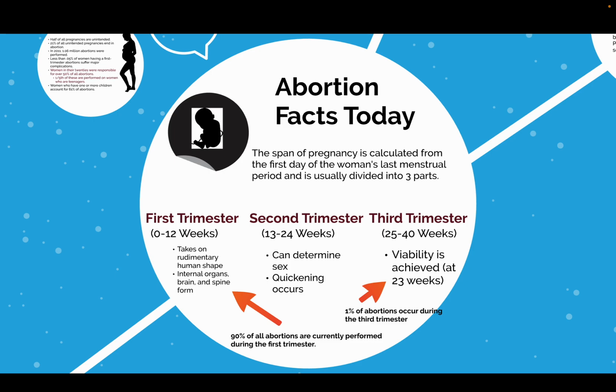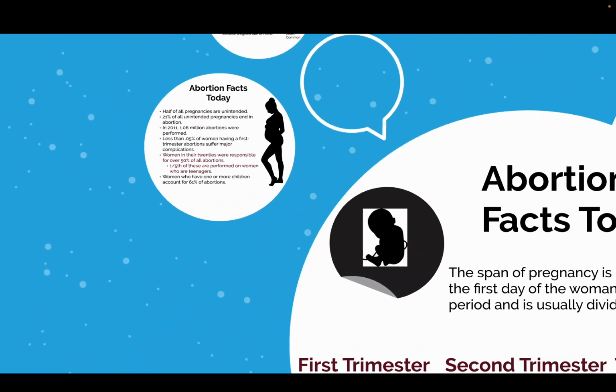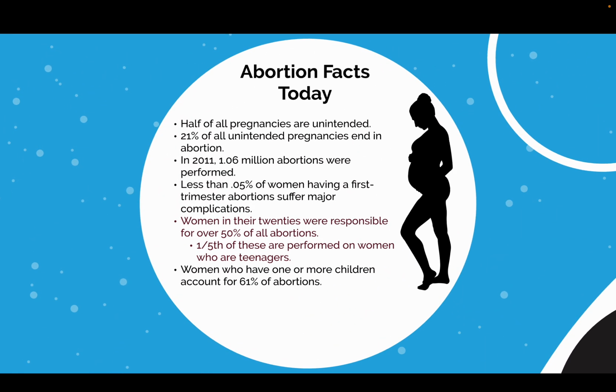So we have first trimester, second trimester, and third trimester. Now, just some facts. Today, half of all pregnancies are unintended in the United States, and 21% of all unintended pregnancies end in abortion. So that is a large amount of aborted pregnancies.